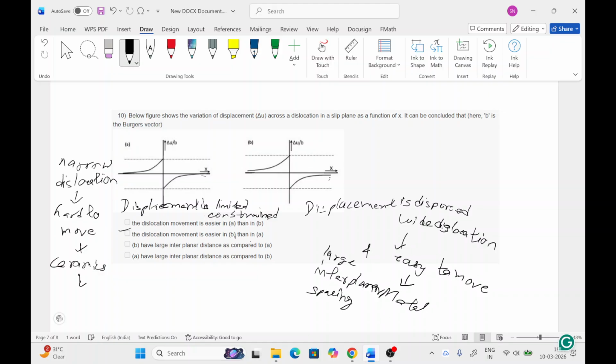And here, small interplanar spacing. So the B dislocation will have a larger planar distance as compared to A. So the C option is also correct.